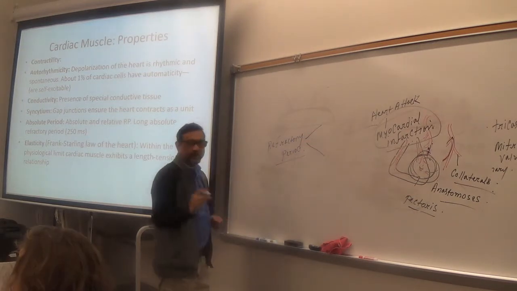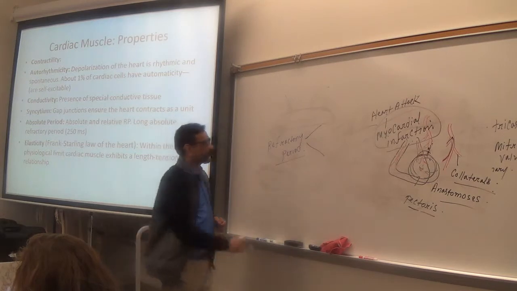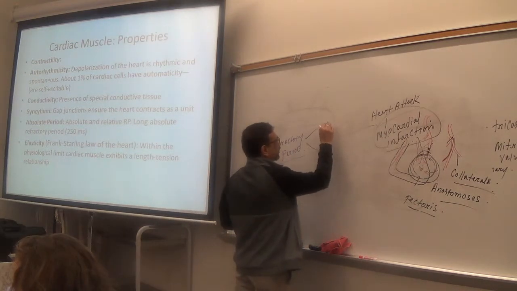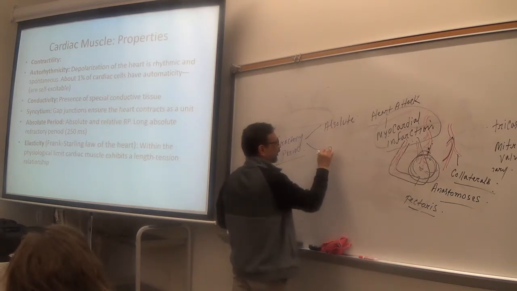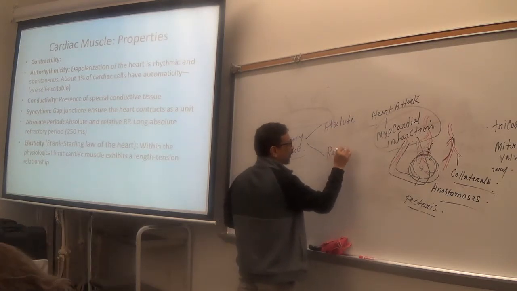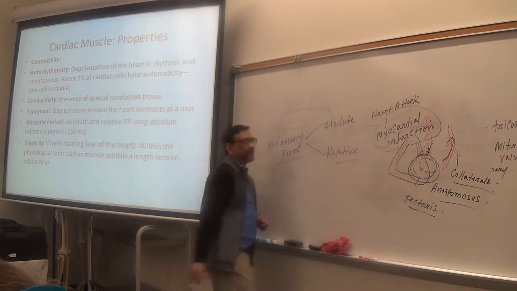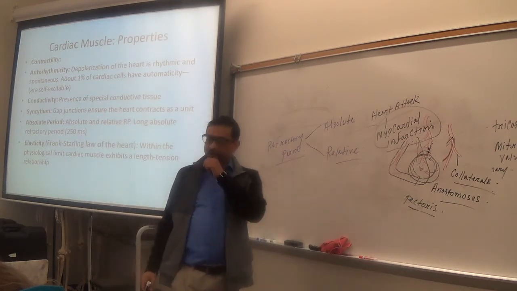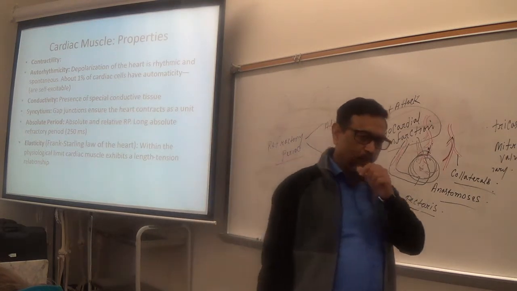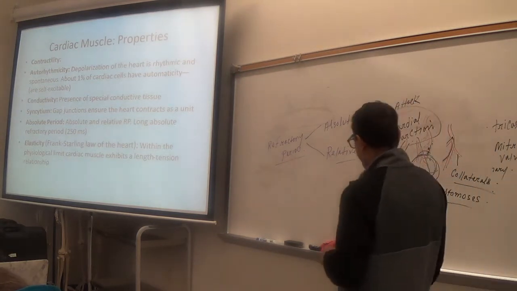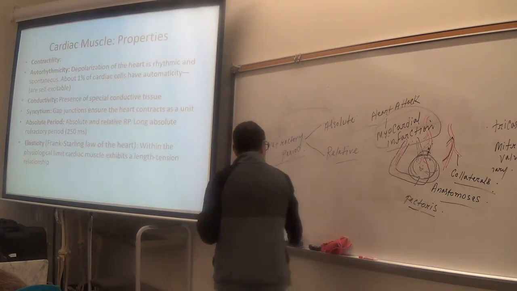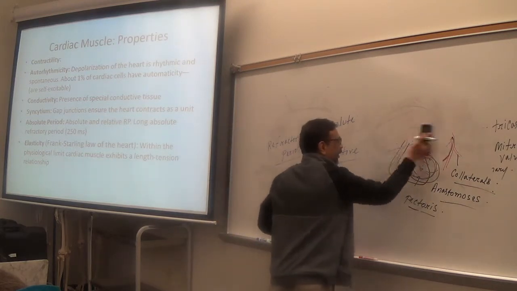Refractory period has two parts, absolute and relative. Okay. So refractory period has two parts. Absolute is the first part and relative is the last part.